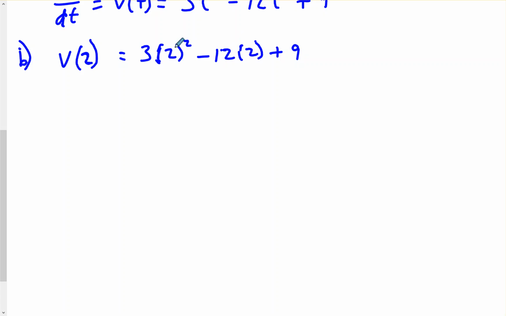Evaluate this. 2 squared is 4. 3 times 4 is 12. 12 times 2 is 24. 12 minus 24 plus 9, that would give us negative 3. So negative 3 meters per second.